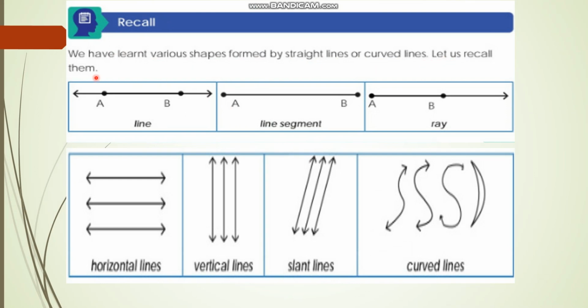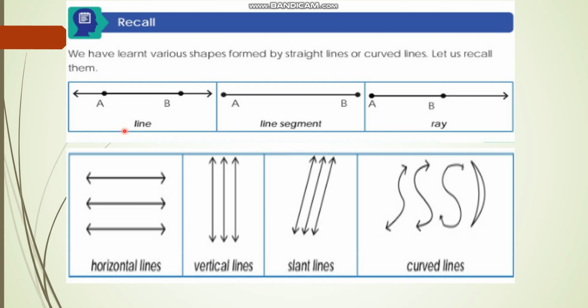Let us recall the basic terms we use in geometry: line, line segment, ray. To form the shapes we need lines and line segments, so we should know about line, line segment and ray.